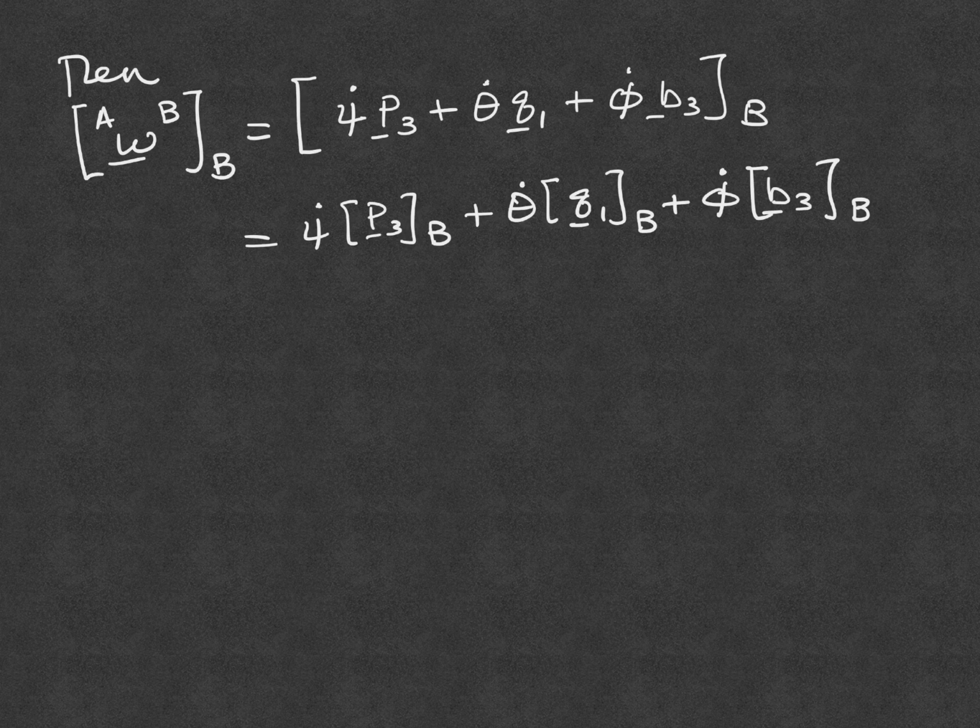But P3 and Q1 are not expressed in B. So in order to get this done correctly in terms of B, I need to write this as psi dot times the transformation from what to what?